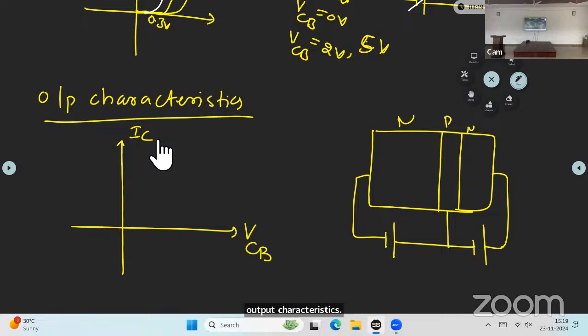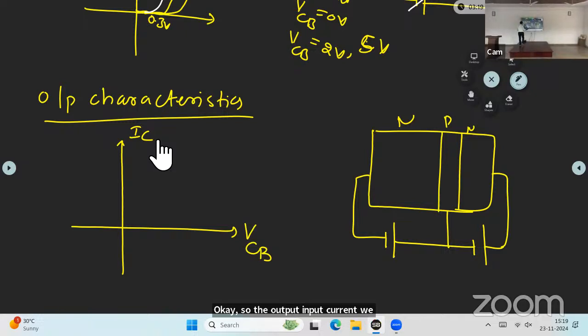Current. Why the current? Because if more current is flowing from the emitter to collector, more current will appear in the output characteristics. What is the current expression? IE is equal to IC plus IB. So the input current we need to keep constant.